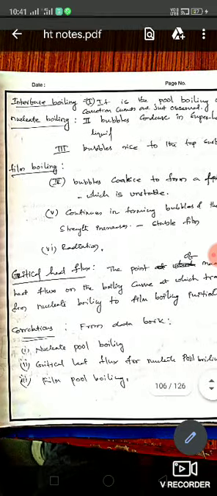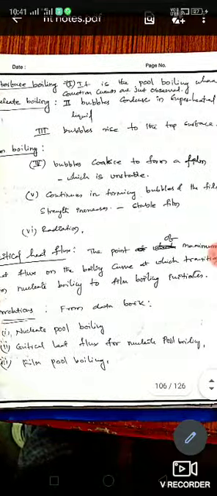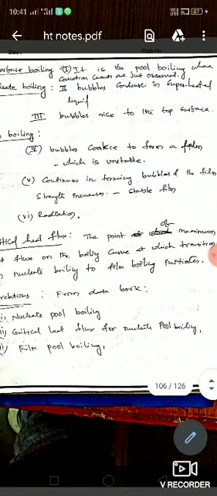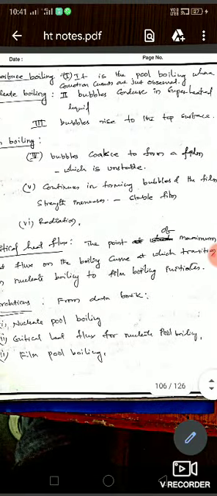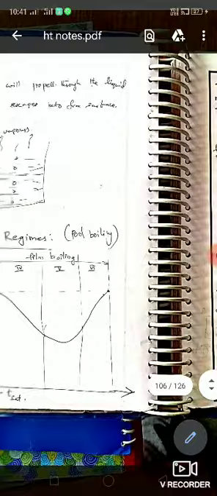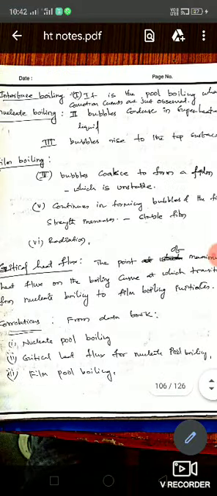Next, in film boiling, there are 4, 5, 6 stages. In fourth stage, bubbles coalesce to form a film which is unstable. They form a layer, and it becomes an unstable film.